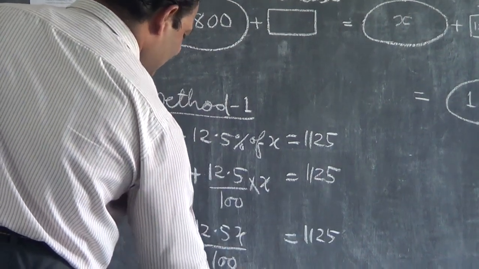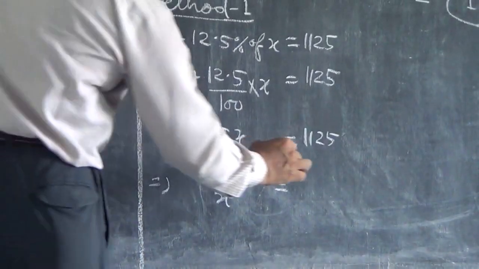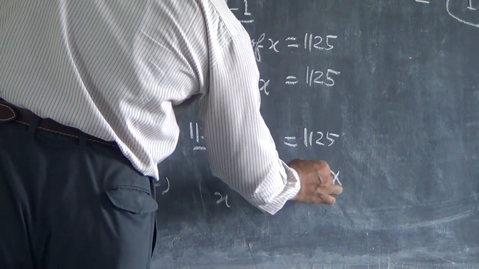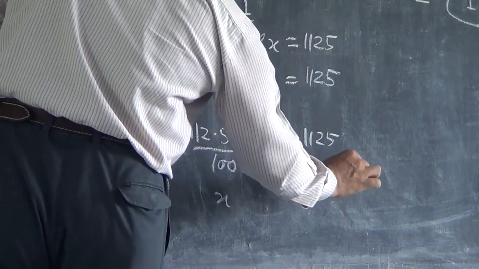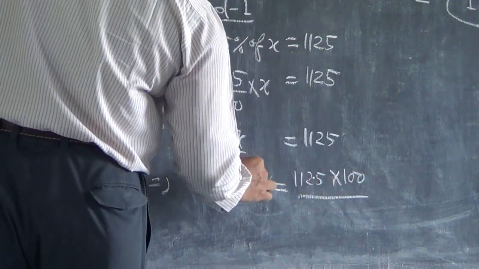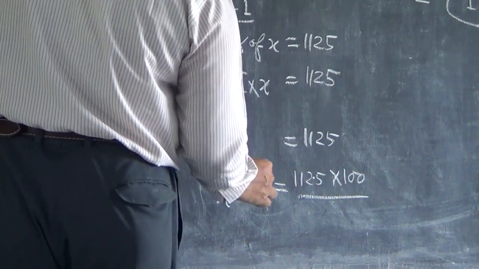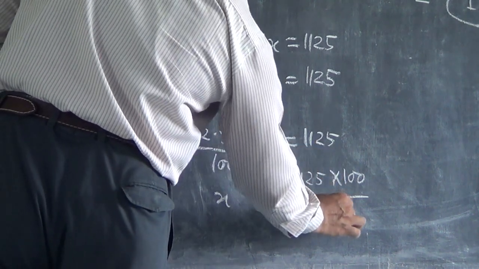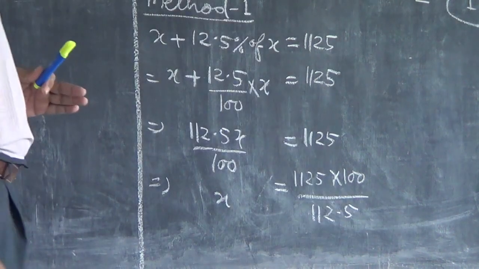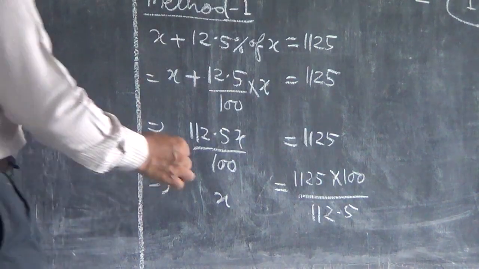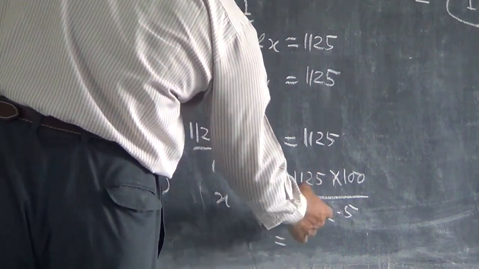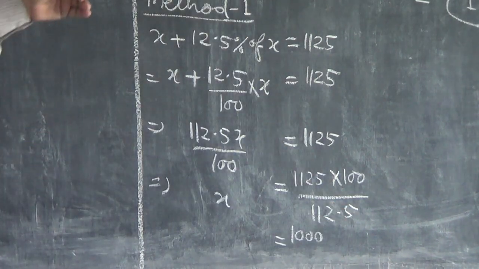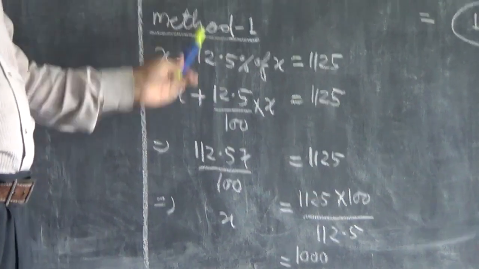That implies x equals 1125 into 100 divided by 112.5. So our answer will come how much? Our answer will come 1000. So the increased price is 1000 by this method.